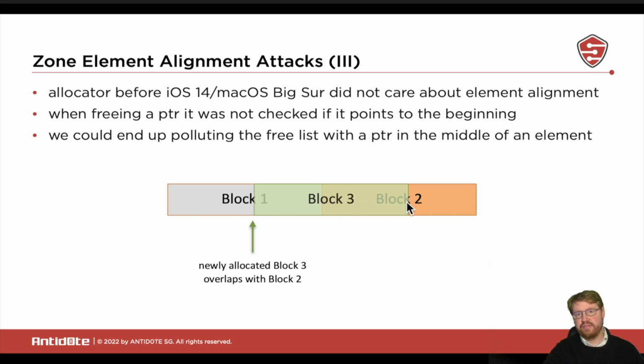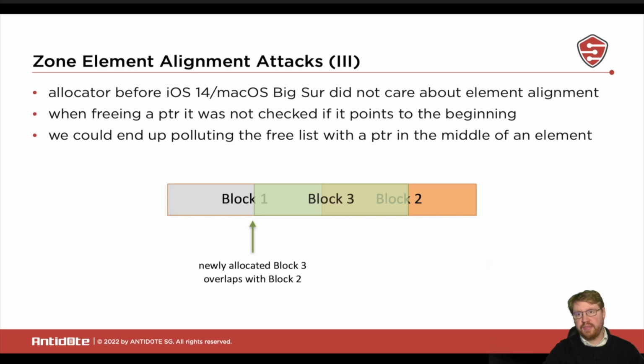But block 2 is still fully in use, and so block 3 now partially overrides the content of block 2. So you have some kind of memory corruption going on here by having a partial pointer override, for example, in the beginning, and now you have a bigger override that way.